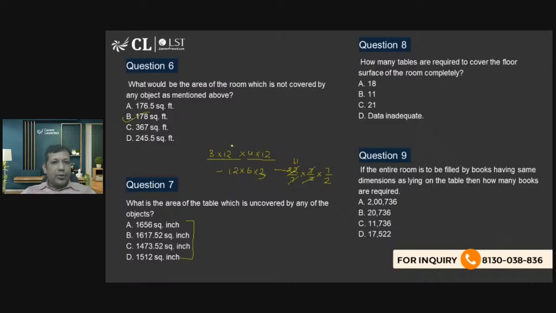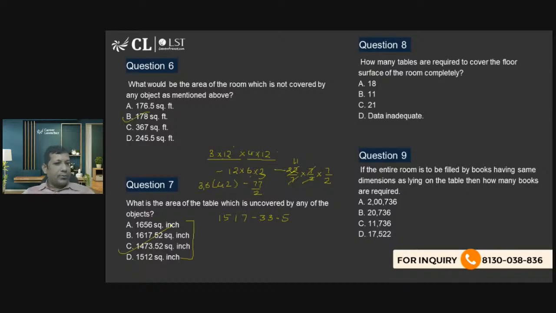I can take 12 into 3 common, so that is going to be 36 common. 48 minus 6, that is going to be 42, minus 77 by 2. 36 twos are 72, 36 fours are 144. 144, 1512 minus 38.5. So the only option that looks fine is going to be option C.